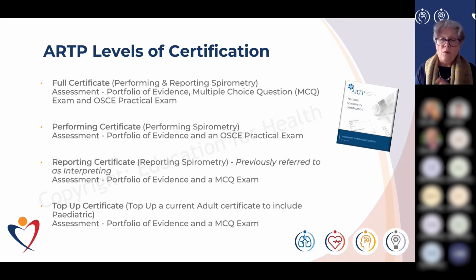So if you're now working with children, you might want to top it up for the paediatric certificate as well, or vice versa. Again, that portfolio of evidence demonstrating your level of competency and your attention to detail as well, which is what the portfolio will pick up.